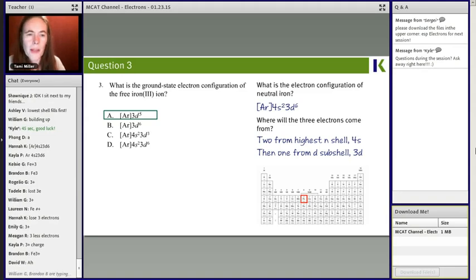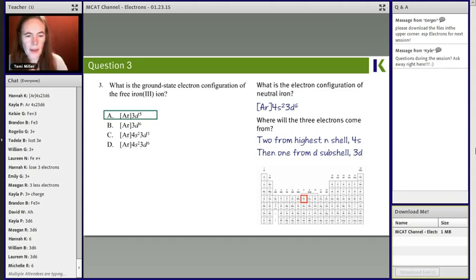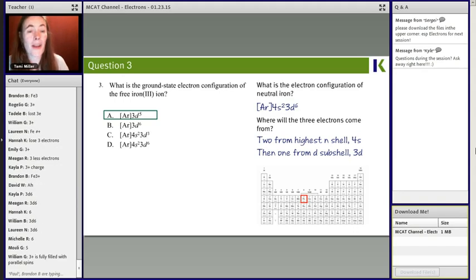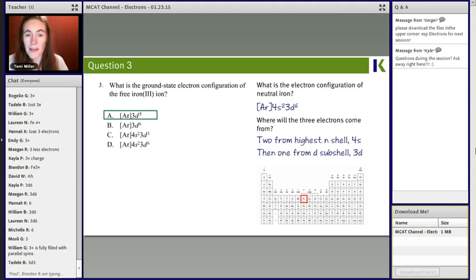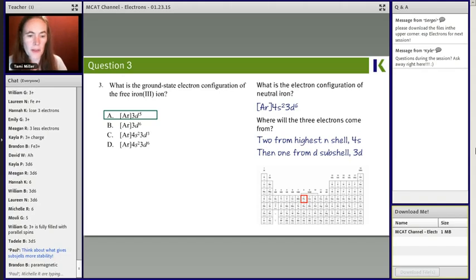Which one's more stable? Actually, the iron 3 is more stable. The iron 3 is more stable because I have 3d5. I have a half-filled orbital. Remember, if I'm an atom, I'm very, very stable with half-filled or fully filled orbitals.